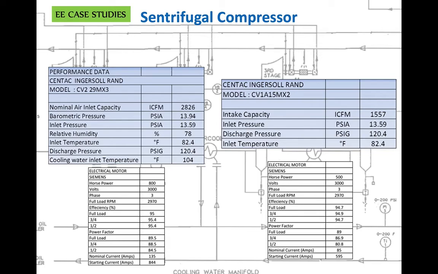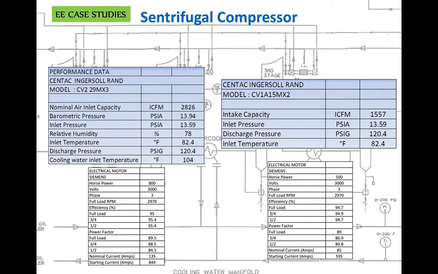If we take a look at the electrical motors, the drivers of these two compressors, the electrical motor for compressor 1 has a nominal current of 135 amperes.